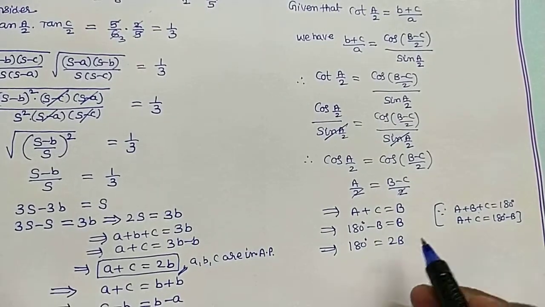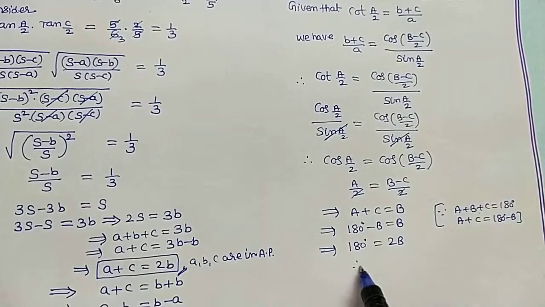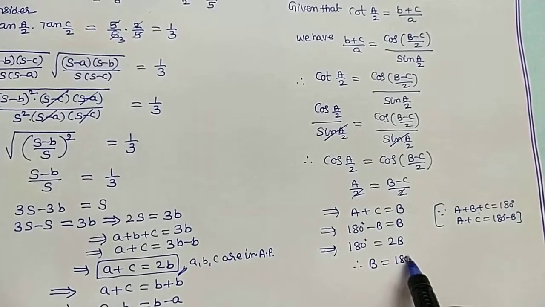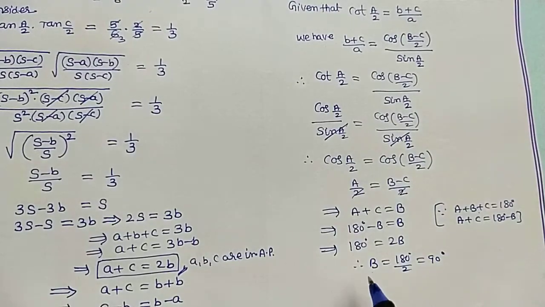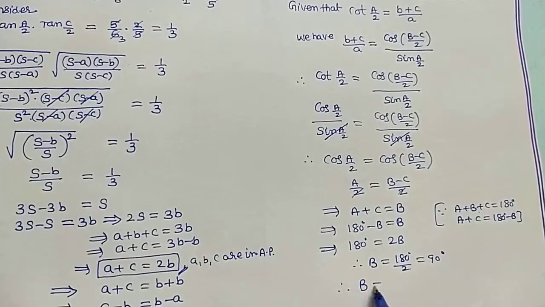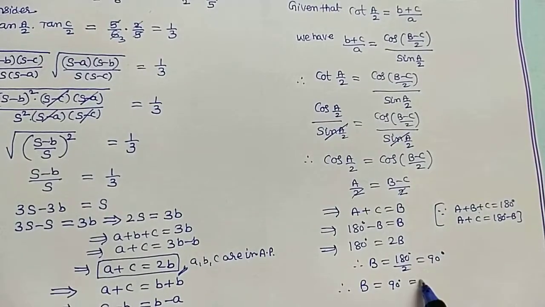B plus B, it will become 2B. Therefore, B equal to 180 by 2, which is equal to 90 degrees. Therefore, they ask to find the angle B, angle B is equal to 90 degrees or pi by 2.